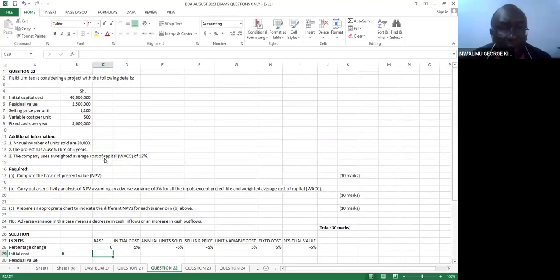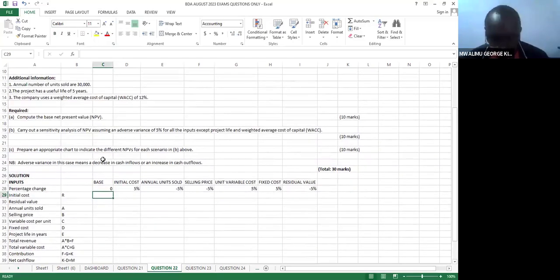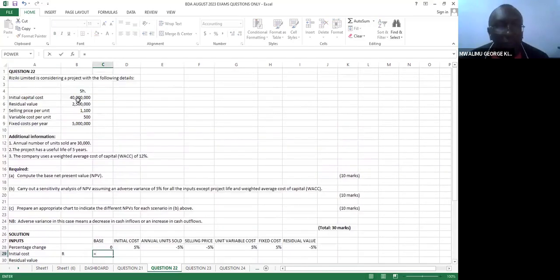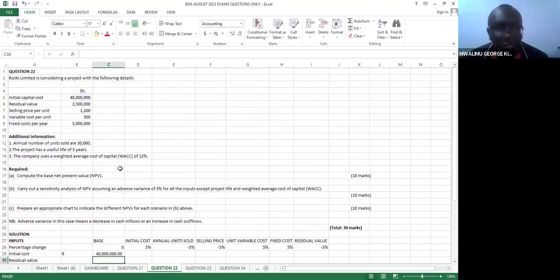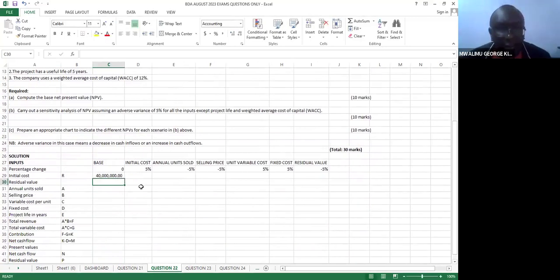So the initial cost of the project is 40 million. So this one we can say is equals to this one. So we just pick there. And what will happen is when we come here in the initial cost, this is going to increase.